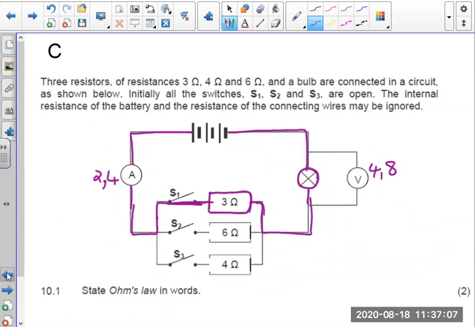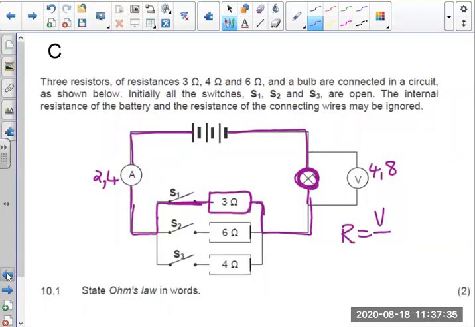It means that the current through this light bulb is 2.4 amps, and the voltmeter connected over the light bulb reads 4.8. So we want to work out the resistance R of the globe.